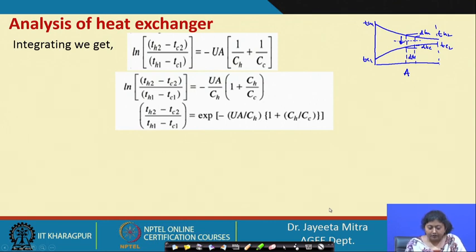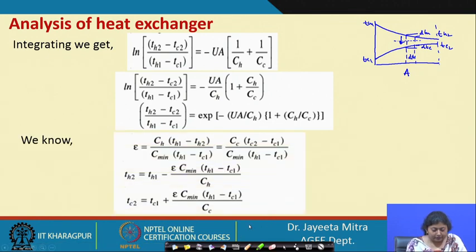Then we will relate it with effectiveness. Effectiveness is the actual heat transfer divided by the maximum possible heat transfer.